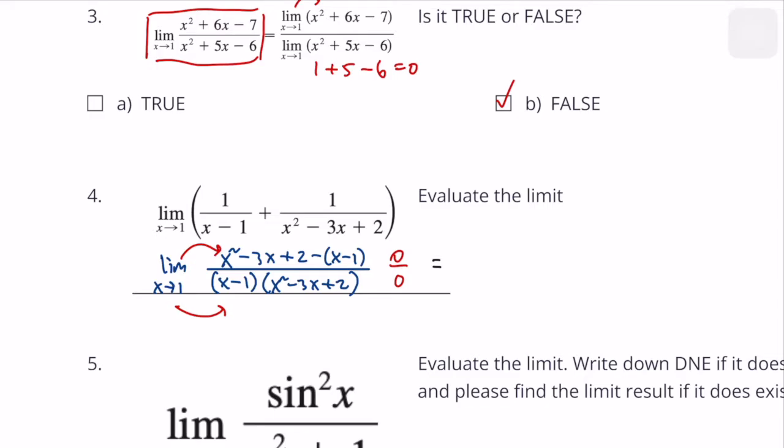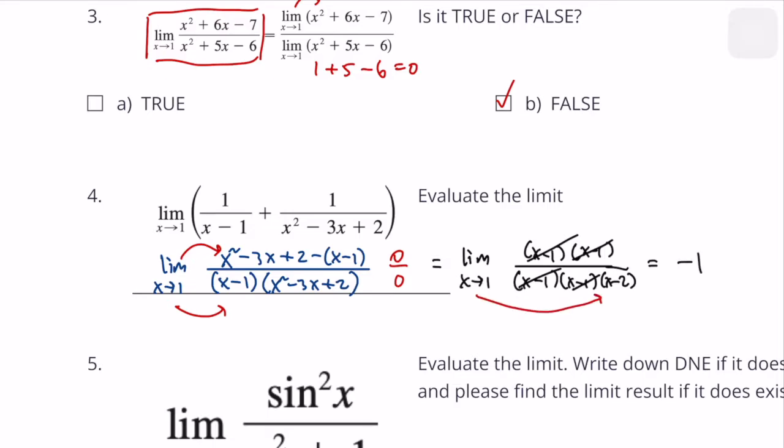This will be the limit, and then this will be x squared minus 2x plus 1. X minus 1, x minus 1, x minus 2. We can factorize this to x minus 1, x minus 1. So the whole thing will cancel, and we get the answer is -1 when we plug in 1 into here.